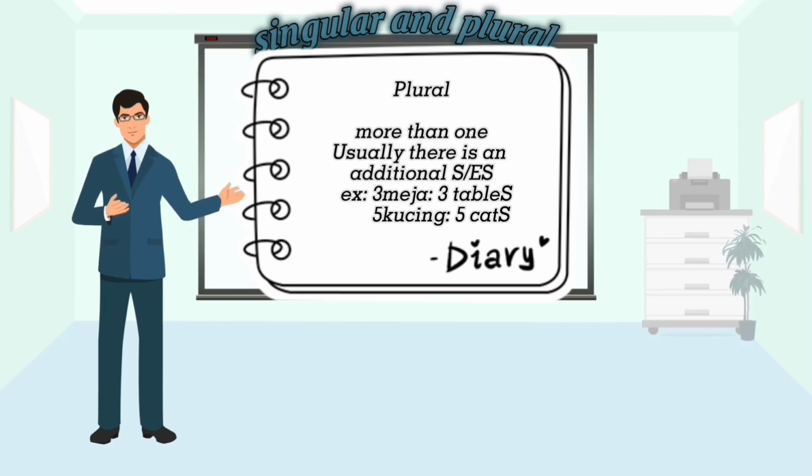There are more than one table, so in English it is three tables, because there are more than one, then the letter S is added at the back. And five cats, because there are more than one, we add the letter S at the back, so five cats.